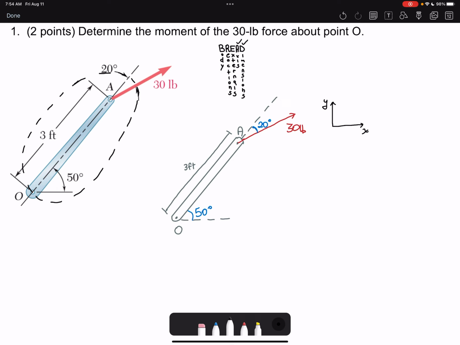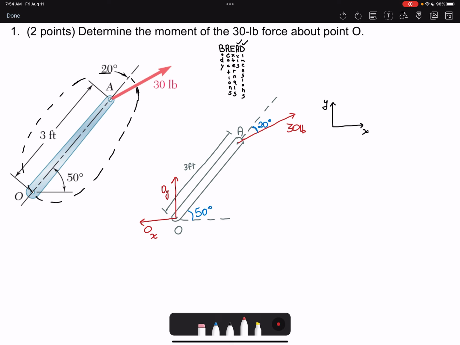Now the externals. I didn't put the external forces yet, but there's got to be a force at O in the y direction, and I'll draw it up. And a force OX, just like that, right?